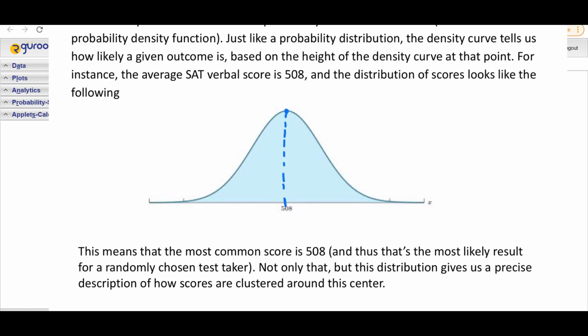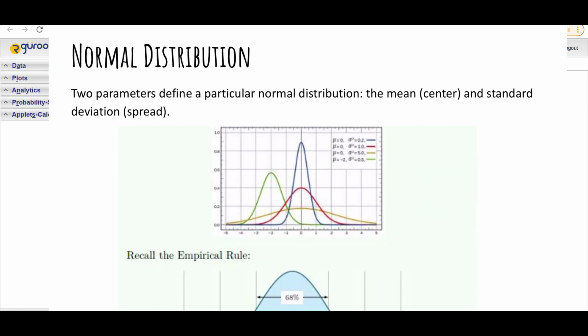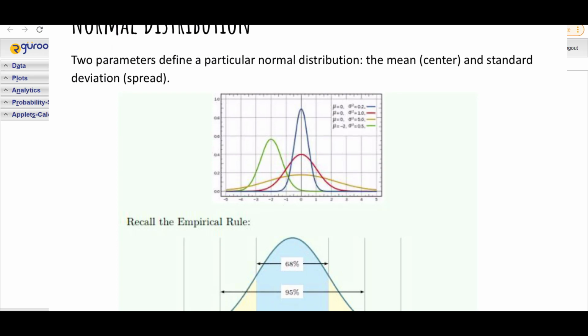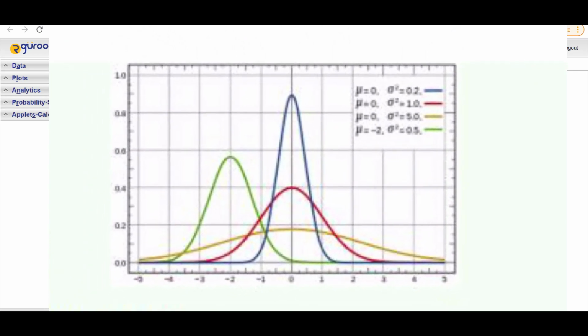And so not only that, but the distribution gives us a precise description of how the scores are clustered around the center. And if you'll recall, we learned about that earlier with the empirical rule. So two parameters define a particular normal distribution: the mean, the center, and a standard deviation. So I'm going to enlarge this so you can really see here.